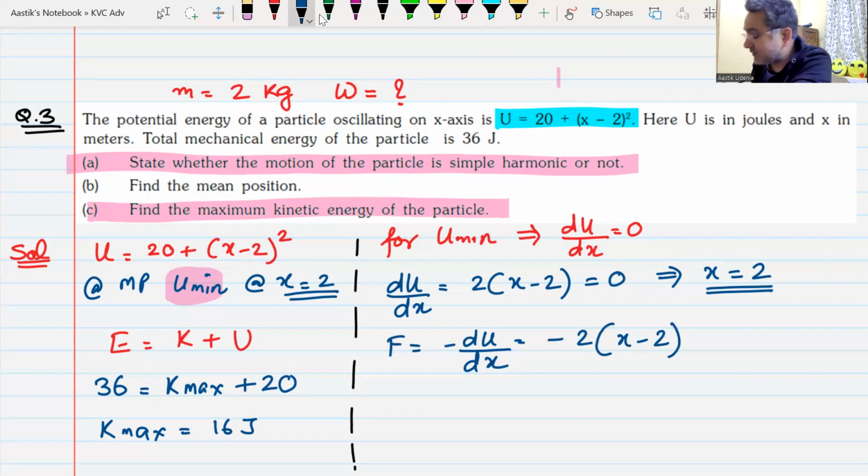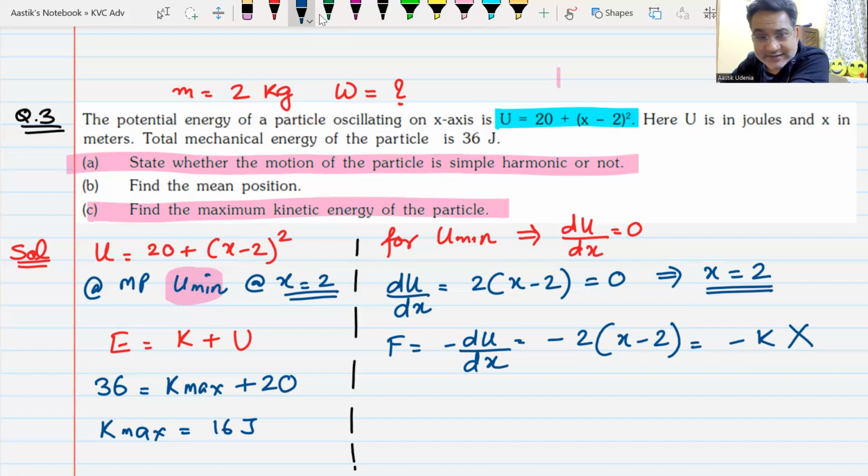Do we understand this? Yes, sir. And that should be equal to minus k into x. Now I'm writing this x in place of x minus 2 because this x is actually x minus 2, and it is giving us the displacement from the mean position.